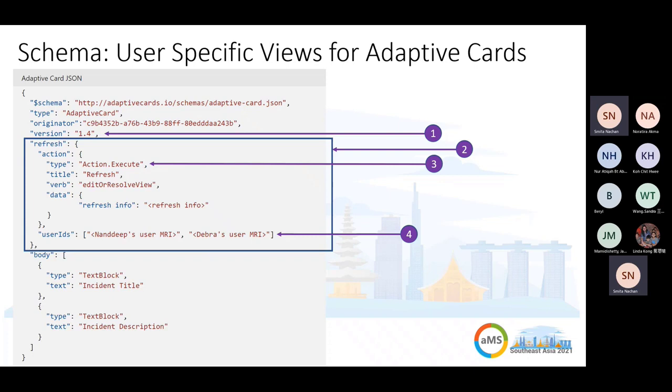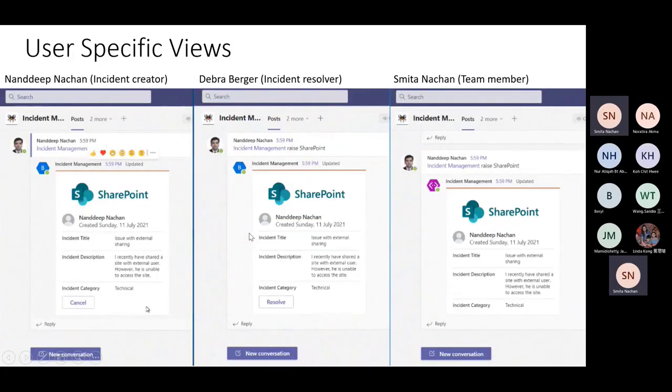Let's say, for example, it is an incident creator or an incident resolver; we are only specifying those two IDs here. If I go back here, this is the incident creator and this is the incident resolver. Only the incident creator should have an edit or cancel button here, or the incident resolver should have a resolve button.